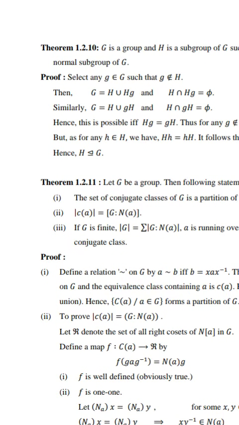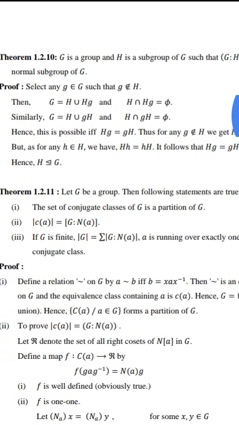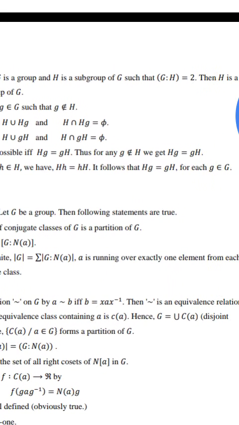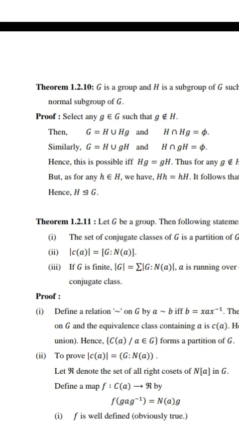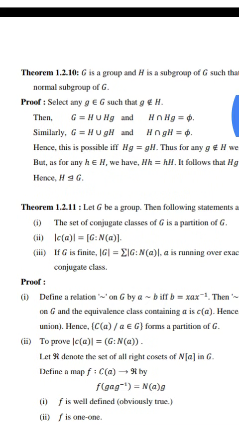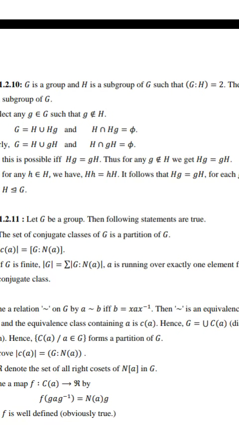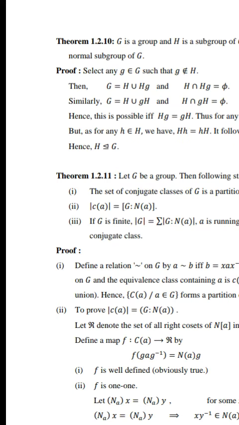Similarly, G is equal to H union gH and H intersection gH is empty. Hence, this is possible if and only if Hg is equal to gH. Thus, for any g not in H, we get Hg equal to gH. But for any h belonging to H, we have hH equal to Hh. It follows that Hg is equal to gH for each g belonging to G. Therefore, H is a normal subgroup of G.